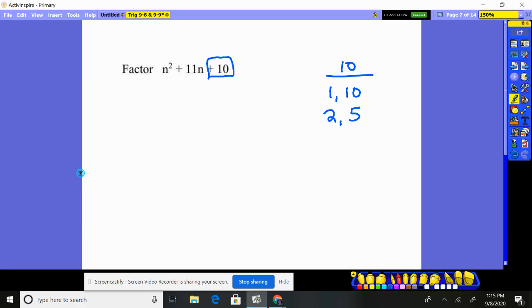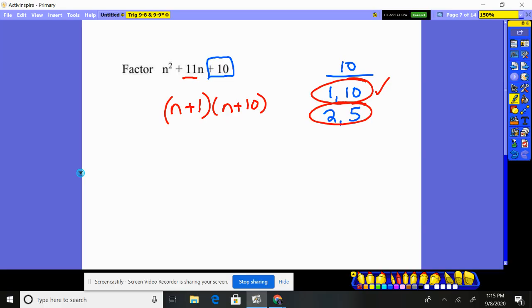But notice this middle number here is an 11. Which of these would add up to an 11? It's going to be the 1 and the 10. So this is going to break down to n plus 1 times n plus 10.